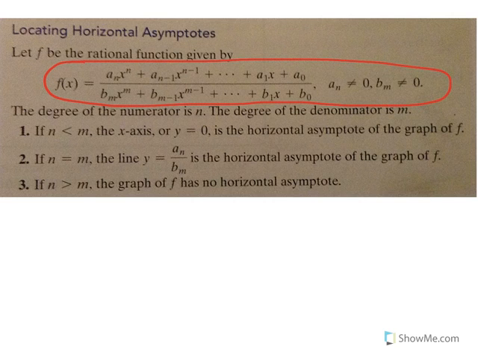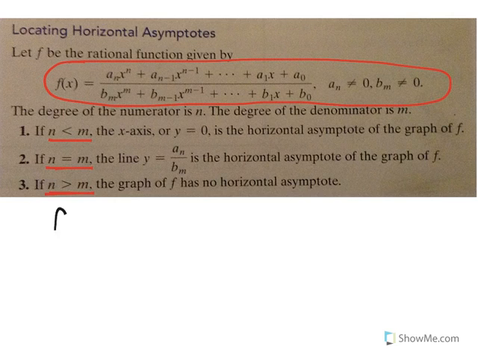Pay attention to this because it says a of n x raised to the n all over b of m x raised to the m plus, then it just goes on and on. But the key things to note here would be these three things, and what to do if the n is less than the m, the n is equal to m, or the n is greater than the m. So once again, this probably doesn't resonate well with you just being in this form. So let's put a problem out here and start working it.